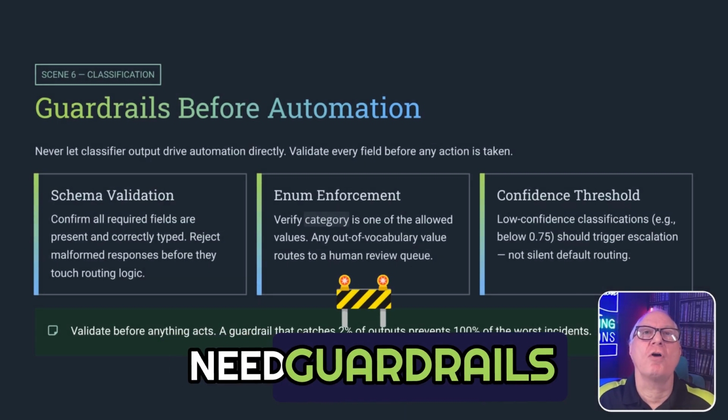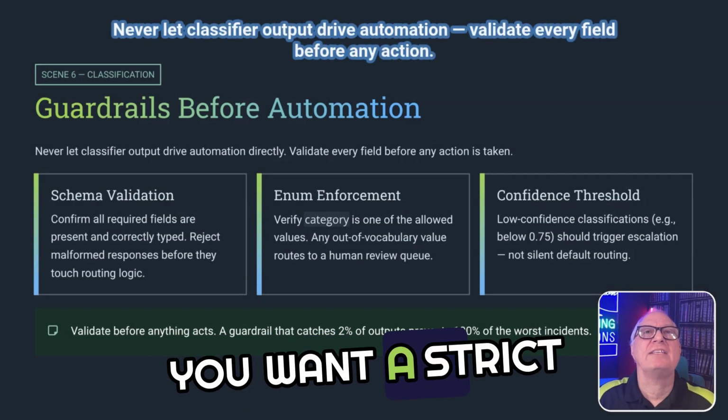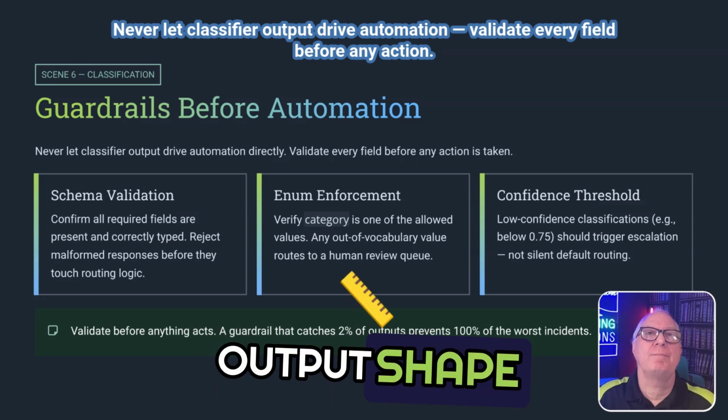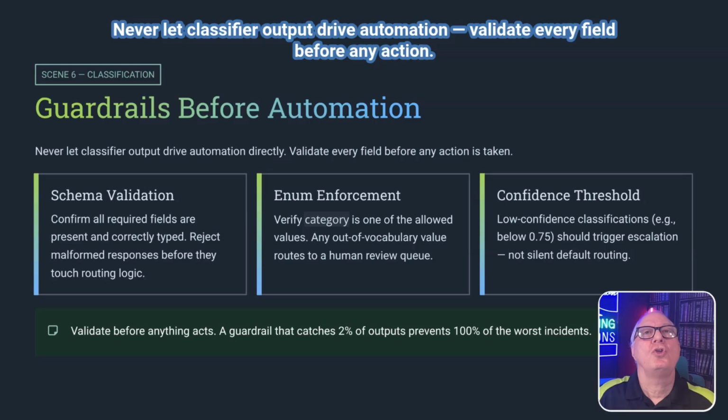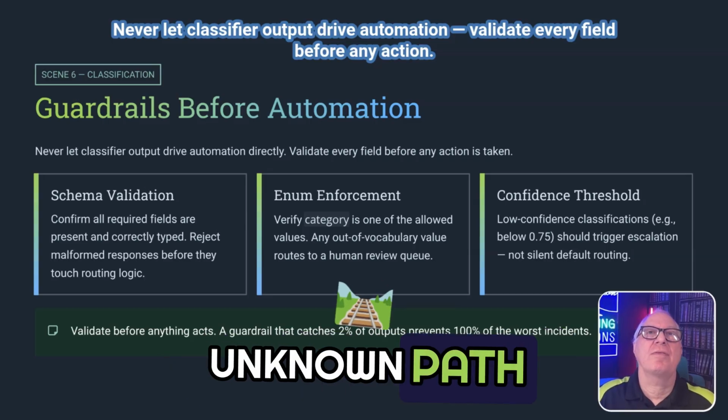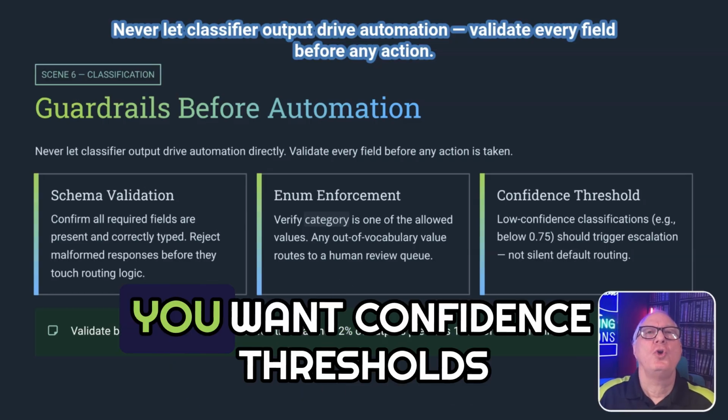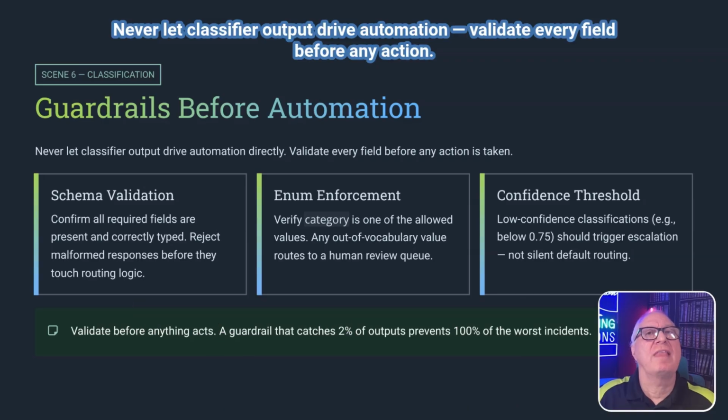This is where you need guardrails. You want a strict output shape. You want to validate it. You want a clear unknown path. You want confidence thresholds that actually change behavior.